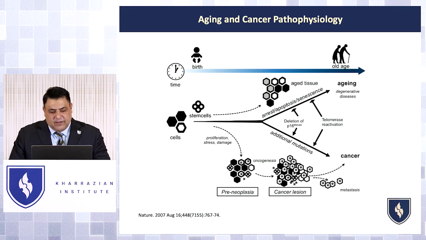Now here's a diagram that really looks at what's happening with stem cells over a lifespan. We have stem cells in all our tissues, and from birth through the aging process, we're using some of these stem cells to become active. And when we end up with deficient stem cells or unhealthy stem cells, the normal healthy process is that they go through this autophagy pathway, through cellular apoptosis, and then they're destroyed.